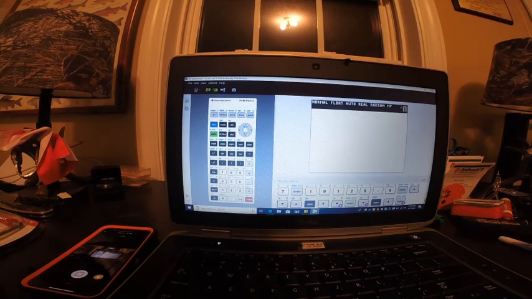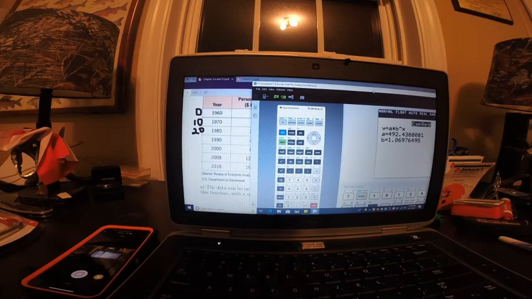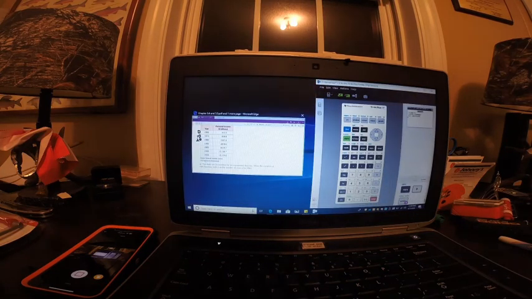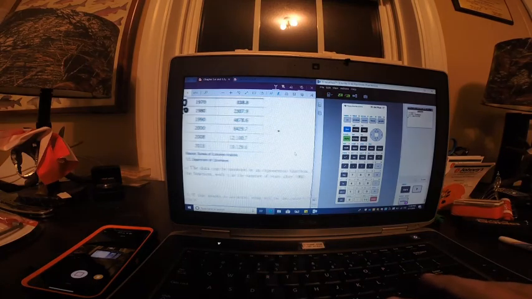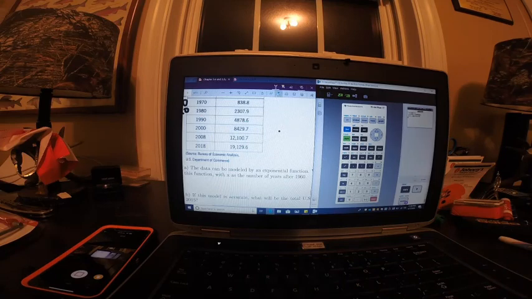And we're going to calculate it. So it tells us that the equation for part A, because this is where we're looking, we're going to write this as a function. The equation that we have is y equals, and our A here is 492.44.